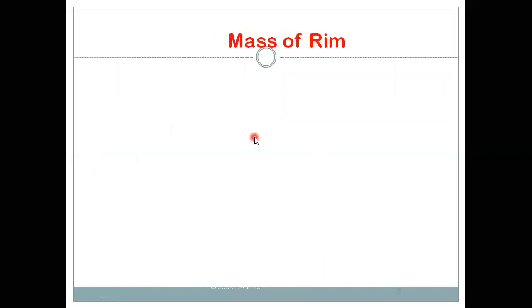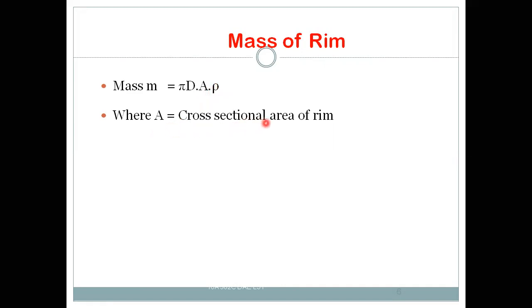Now the mass of rim. The mass of the rim, m, is equal to pi d, which is the circumferential length of the rim, times a, the cross-sectional area of the rim, times rho, the density of the rim material. Here a is the cross-sectional area of the rim, that is nothing but the width of the rim into the thickness of the rim.